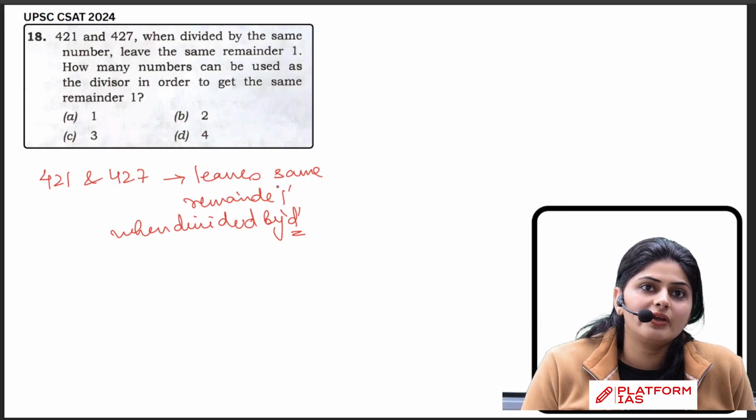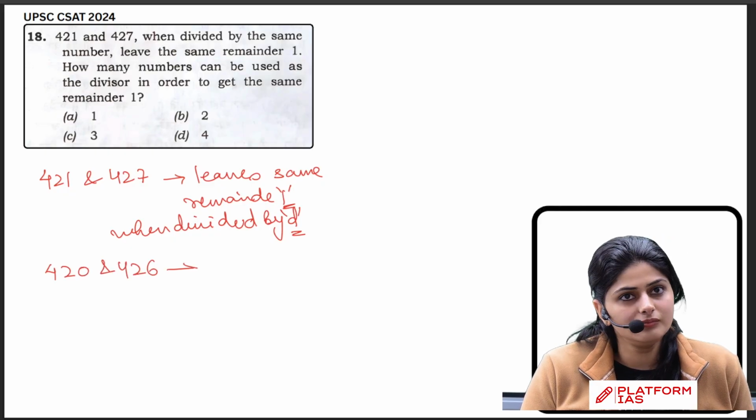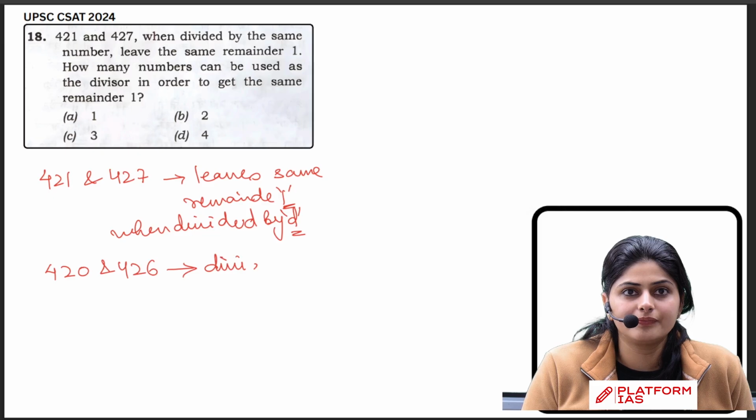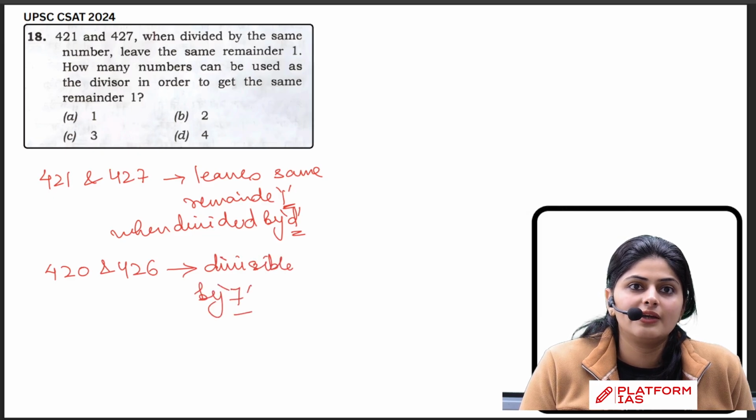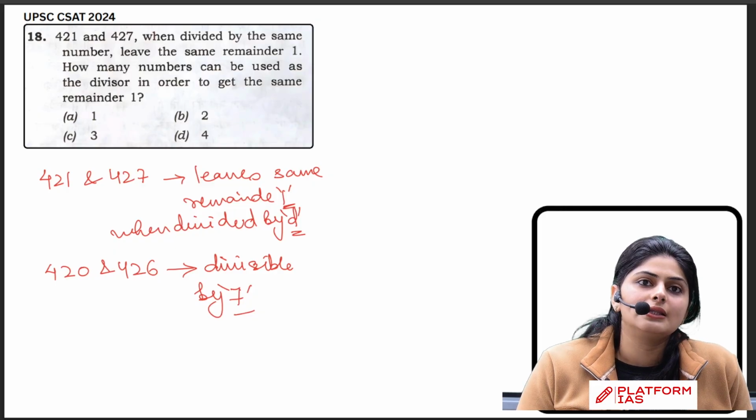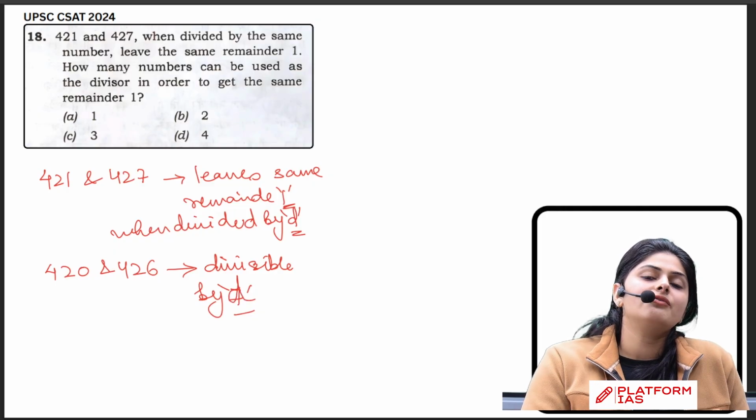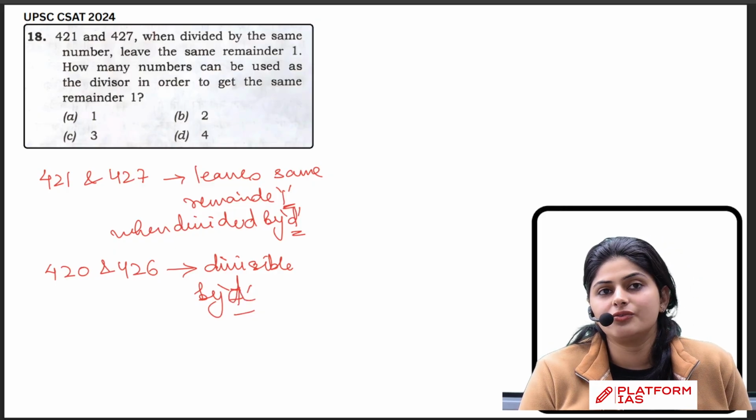So if they are leaving the remainder 1, can we say that 420 and 426 will be divisible by D?